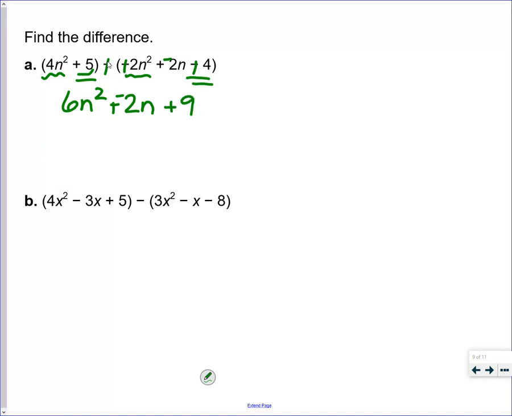Same thing in letter B. I would do a keep, or adding the opposite, opposite, opposite. Just change each thing one time. So I've got a 4x squared and a negative 3x squared would be 1x squared, or just x squared. Negative 3x and positive 1x would be negative 2x. And then 5 plus 8 will be 13.